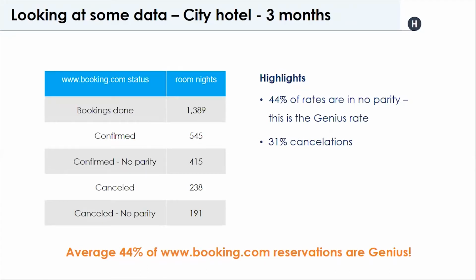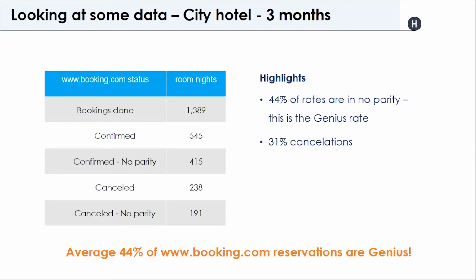So I assume the customers were Genius. So I assume that 44% of the room nights booked on Booking.com were from Genius customers. This shows the magnitude of the problem, and this is huge.